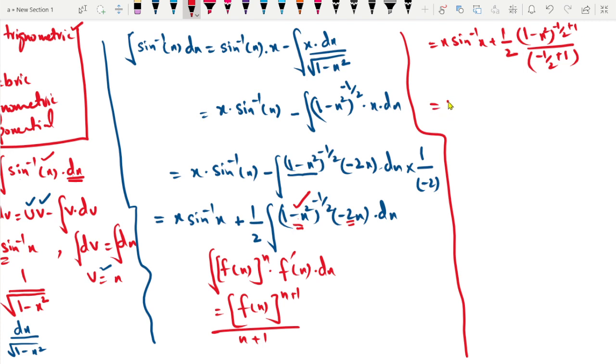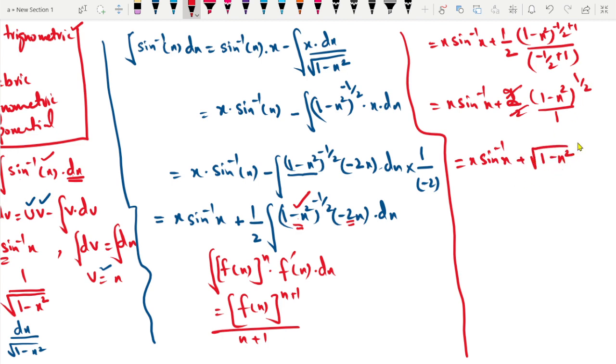By solving this, you will get 1 minus x square to the power 1 by 2, and the 2 cancels with the 2. So this is equal to x sine inverse of x plus under root 1 minus x square. So this is the integral of sine inverse of x.